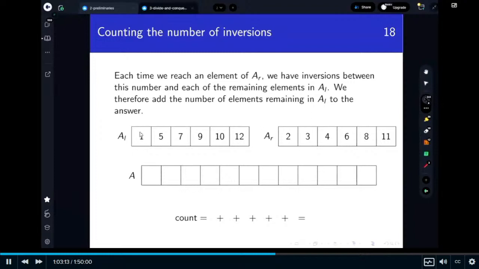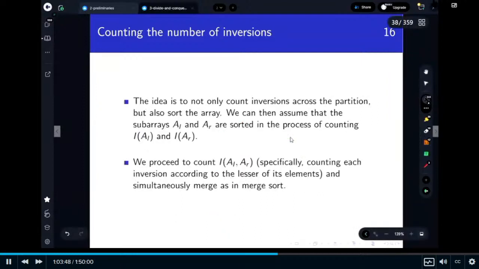The first element is smaller than 2, so that gives us a count of 1. Okay, I misspoke earlier, sorry. Let's start from the beginning.